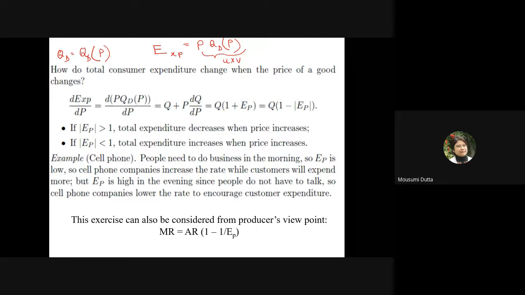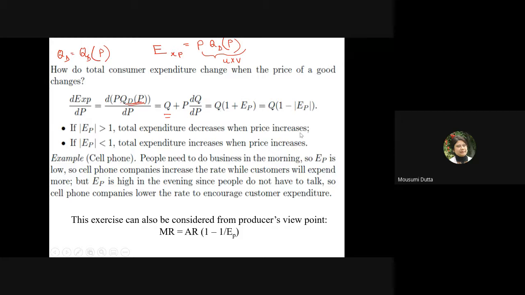Okay, so if I take the derivative of P into Q, where Q is a function of P, first I am keeping Q as a function of P constant and taking the derivative with respect to P. So I am getting back only Q. Then I am keeping P as a constant and taking the derivative with respect to the other part, so P into dQ by dP. Then I am taking Q common.